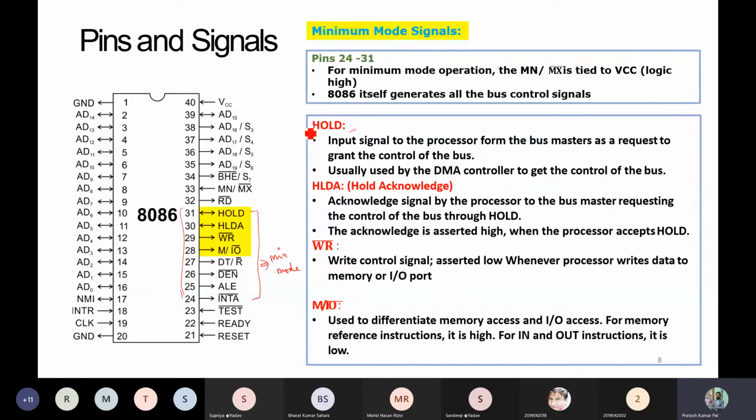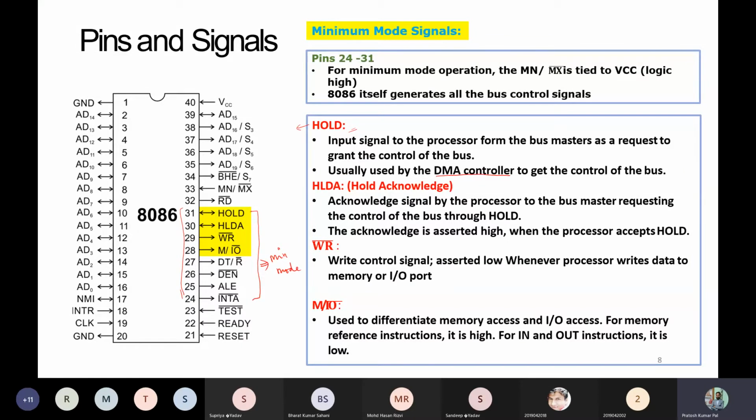Once the HOLD pin is activated, it means an external device wants control of the data bus and control bus, and it gives the input to the HOLD pin. This provides control of the microprocessor's buses to an external device, which is basically the DMA controller.